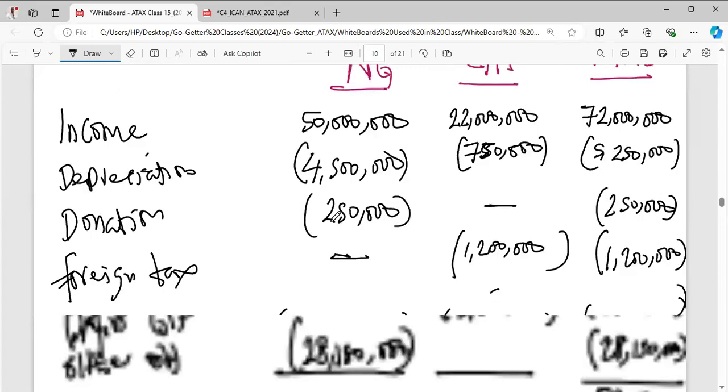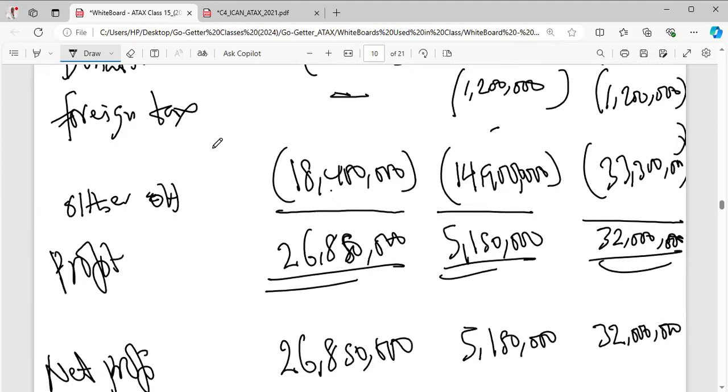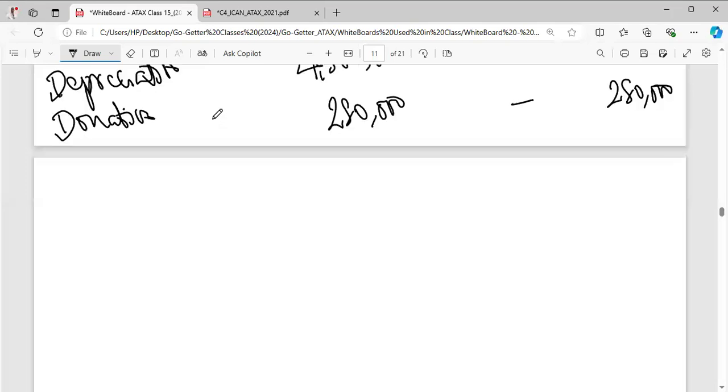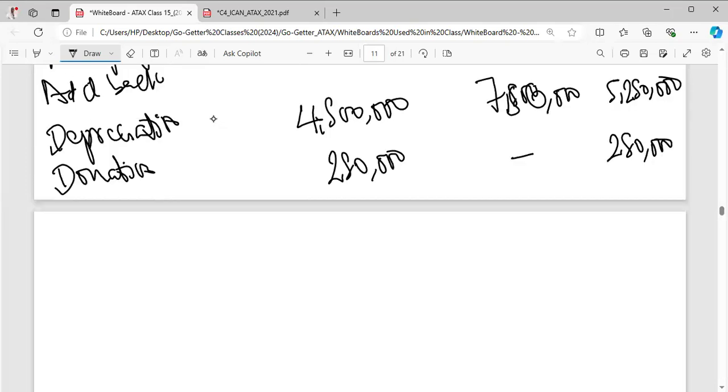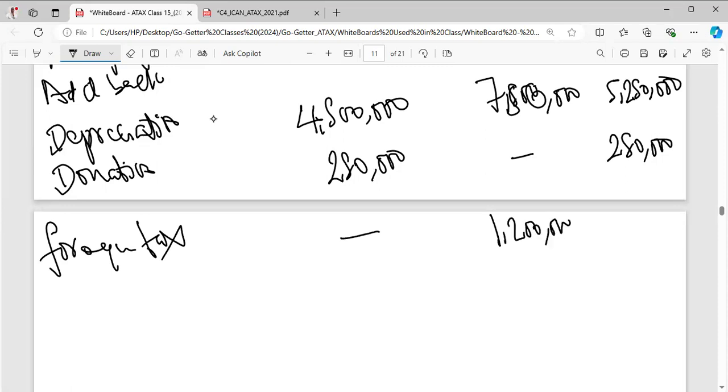Foreign tax, 1,200,000. So when we add, what do we have?